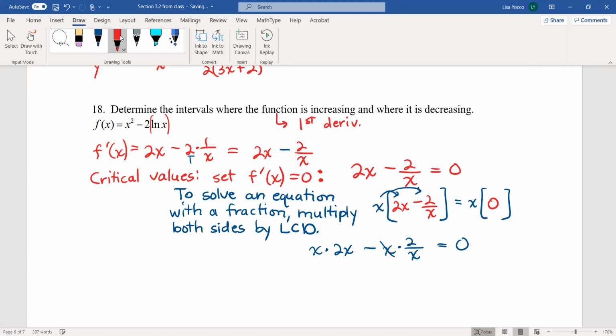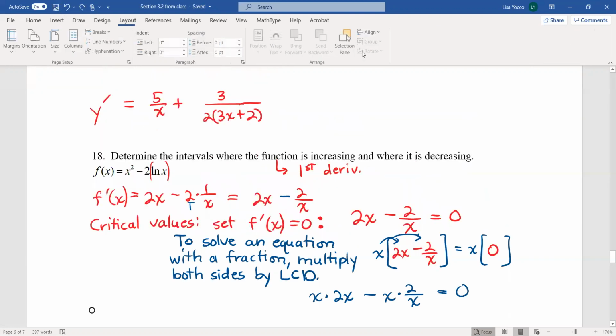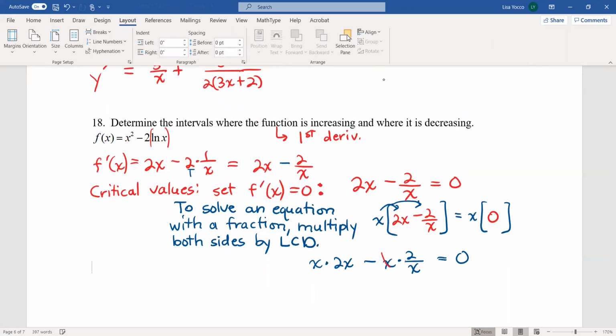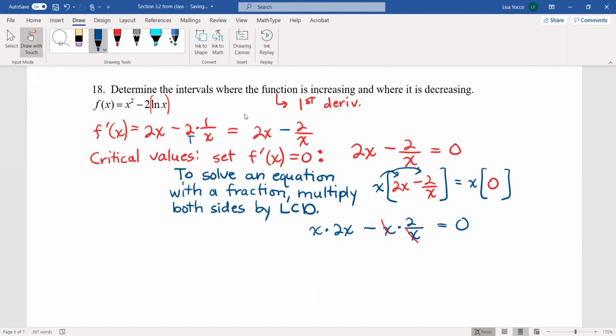Notice that right here, those x's cancel. So that's 2x squared minus 2 equals 0.